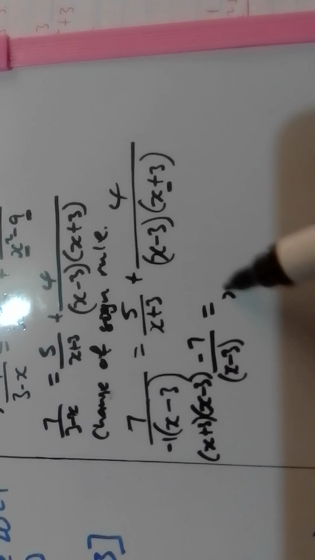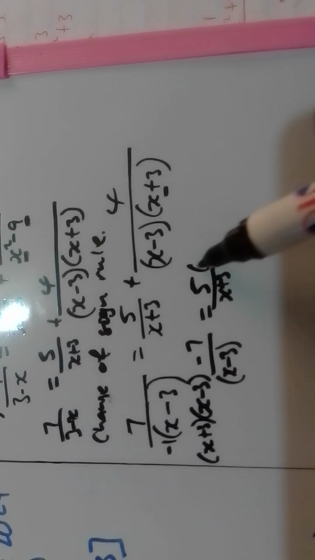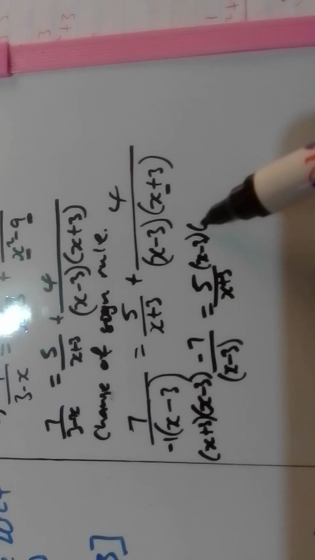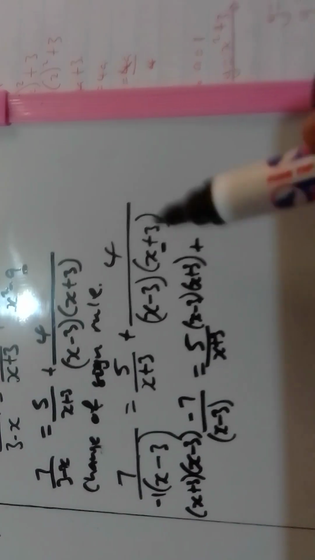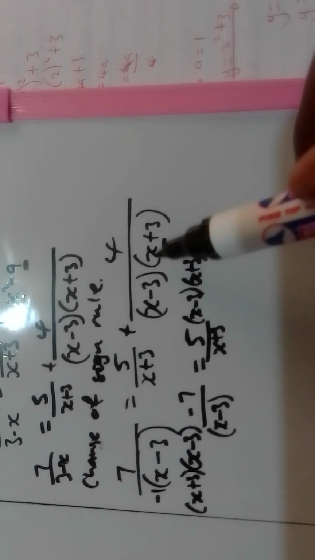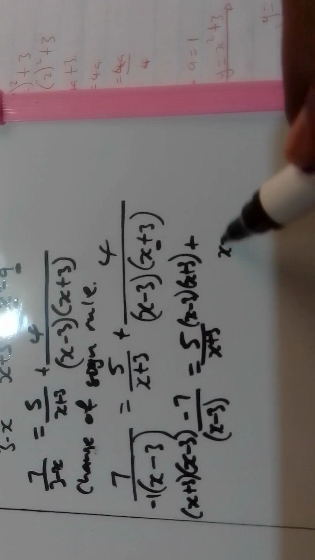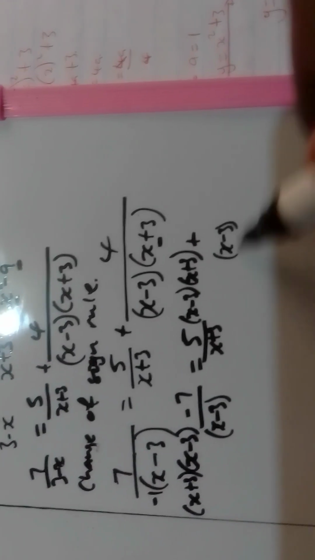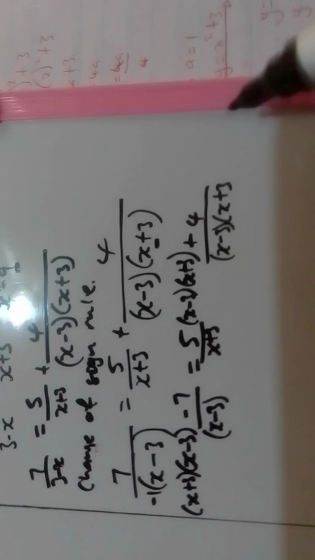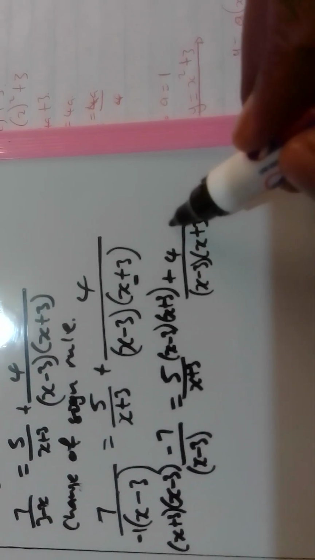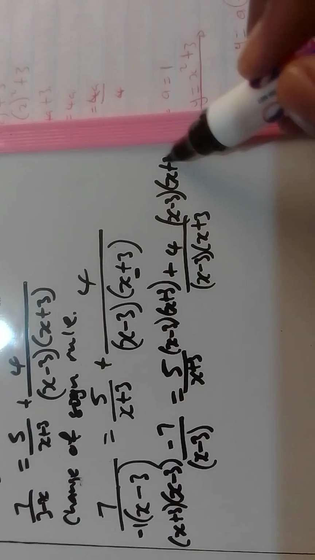So we say x plus 3 here, 5. So we multiply by x minus 3 and x plus 3. And plus, here we have got every denominator that we need. So we now say x minus 3 multiplied by x plus 3 all over 4. Then here we multiply by x minus 3 and x plus 3.